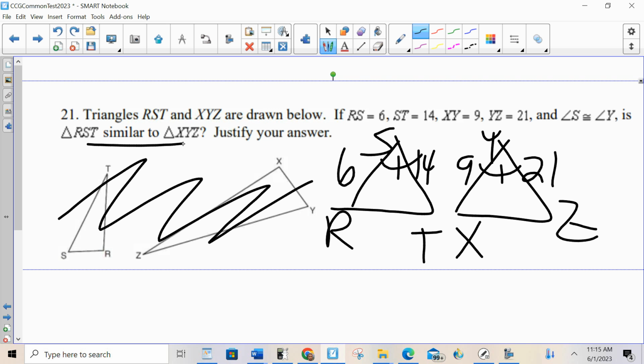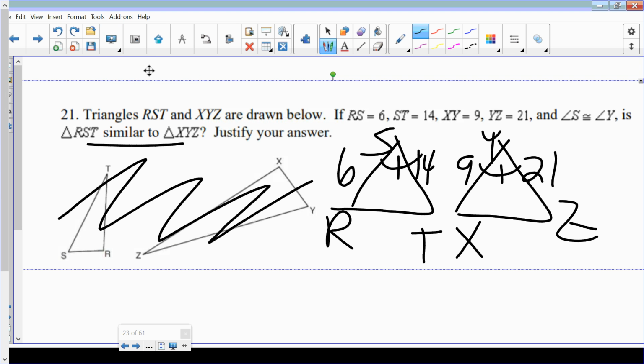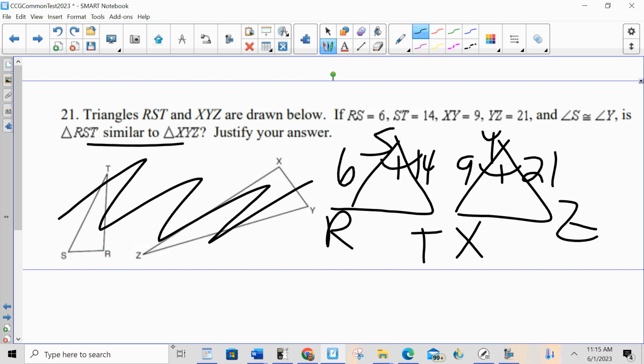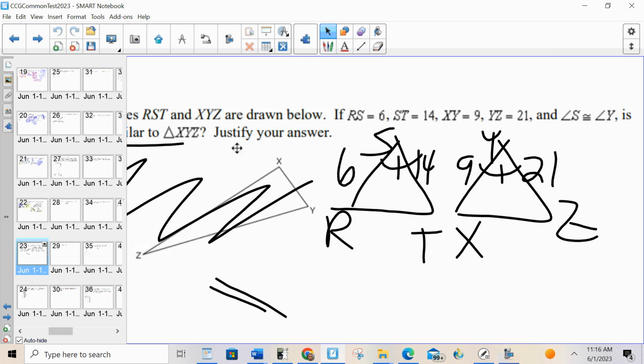Are the triangles similar? Well, there are 3 methods to determine if triangles are similar. There is, did this thing just freeze on me? Let's try that one more time. Or am I frozen? And we're back.